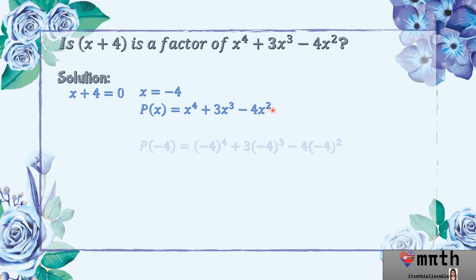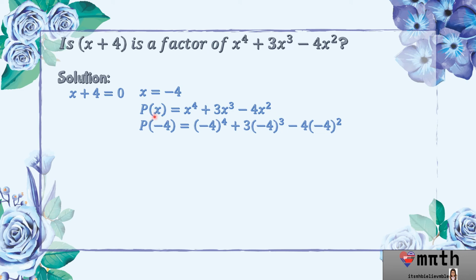As we substitute the values, that would be p of negative 4 equal to negative 4 raised to 4 plus 3 times negative 4 raised to 3 minus 4 times negative 4 raised to 2, which, as we simplify, has a value of 256. 3 times negative 64 minus 4 times 16.